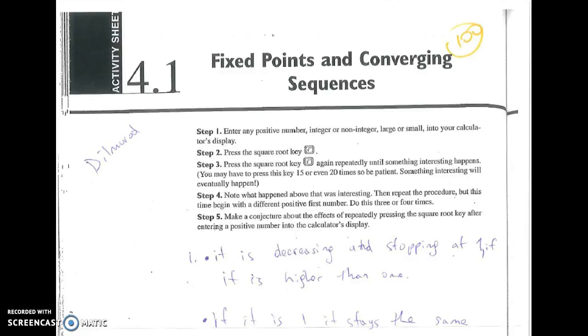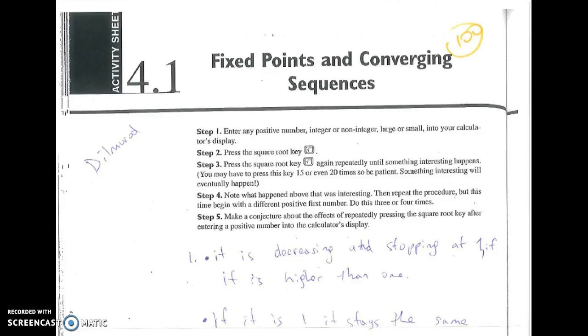I will start with the one on fixed points and converging sequences, which is 4.1. On this one we had to use a graphing calculator, and we had to pick any positive number and take the square root of it, and after that keep pressing the square root sign until something happened.